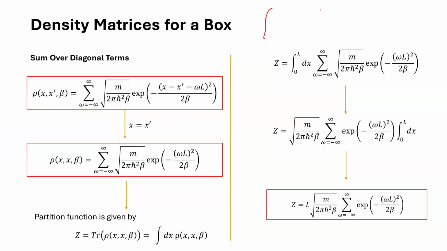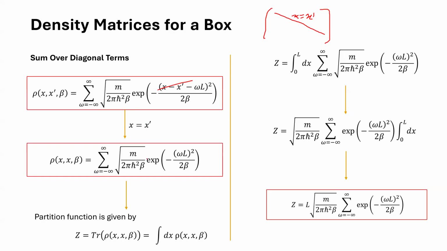In this matrix, as I told you before, there are diagonal terms. When it is a diagonal term, x is equal to x prime, and this goes away.